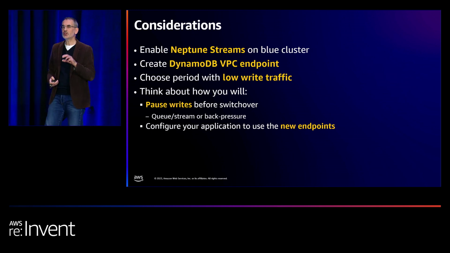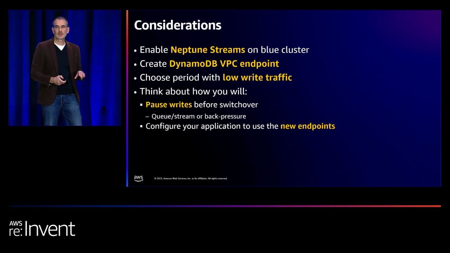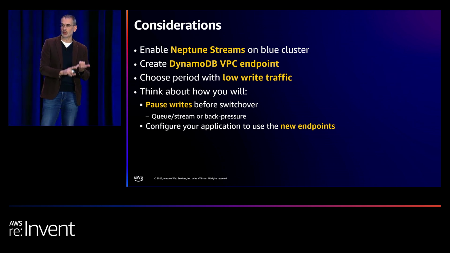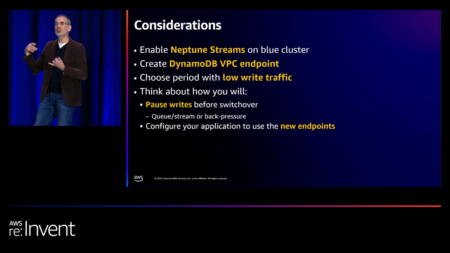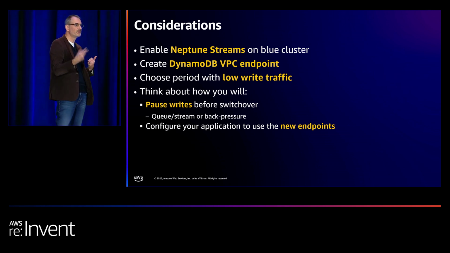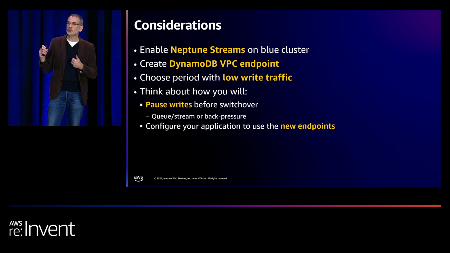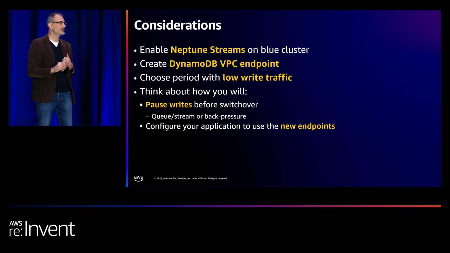So there are a few things that you need to do and a few things that you need to think about before you can use blue-green deployment. First of all, you need to ensure that Neptune Streams is enabled on your blue production cluster. If it isn't, that's a cluster parameter change, and you will need to restart the instances, but that's just a matter of a couple of seconds. You also need to ensure that you have a DynamoDB VPC endpoint in that Neptune VPC.